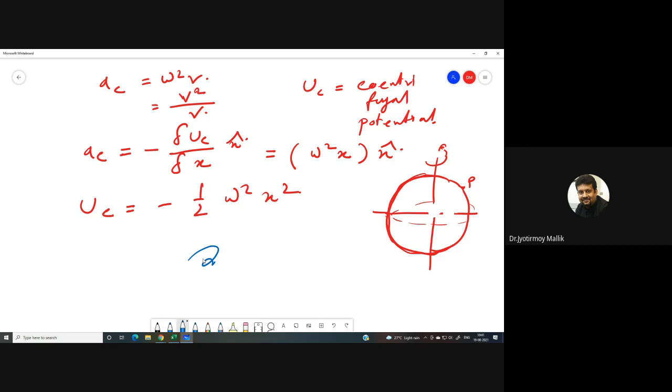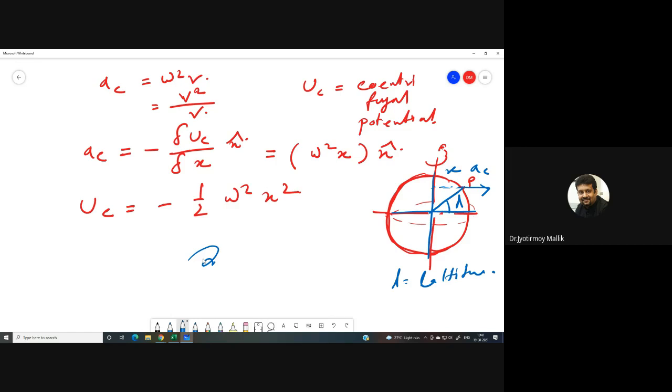Okay. So let us say this is lambda, which is latitude. Let us say this is my AC, the centrifugal acceleration. This is x.